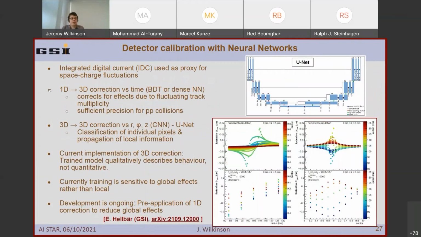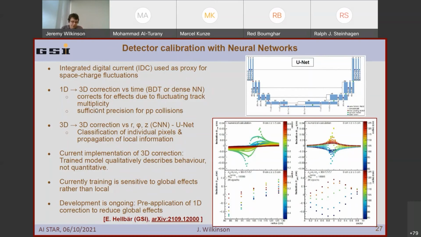So we can either perform a one-dimensional correction versus time using BDTs or dense neural networks, which allow us to correct for effects due to the fluctuating track multiplicity. And this gives sufficient precision for proton-proton collisions.